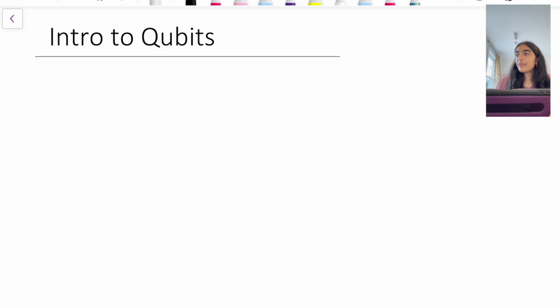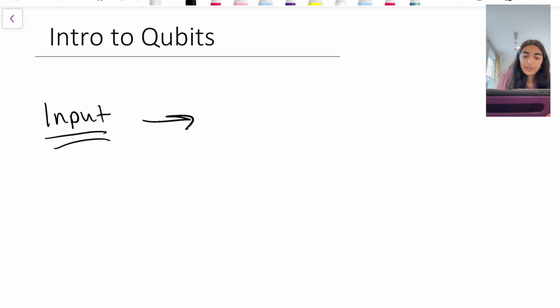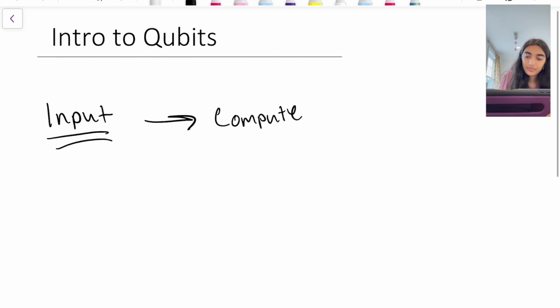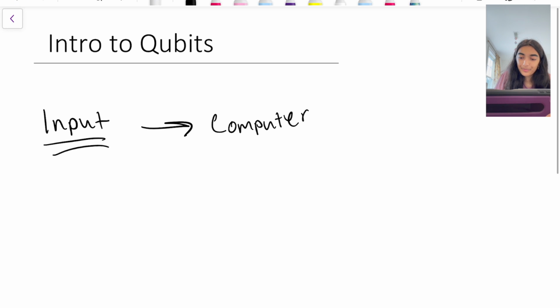So before we talk about how we compute things, let's talk about what a computer actually is, right? A computer, we have some inputs, it goes to a computer, and then what do you get? You get some output, right?